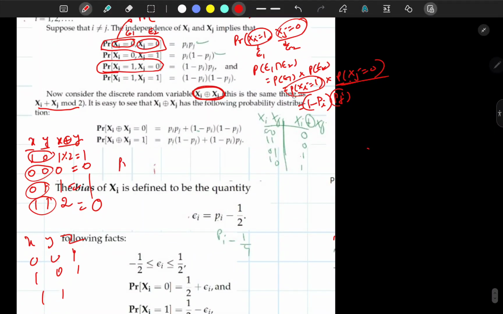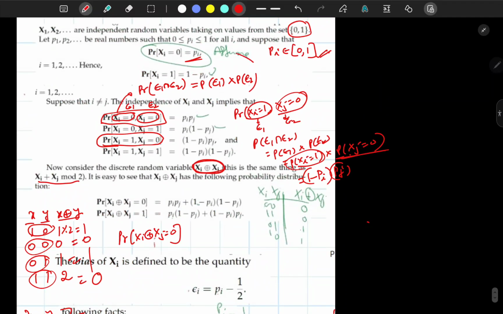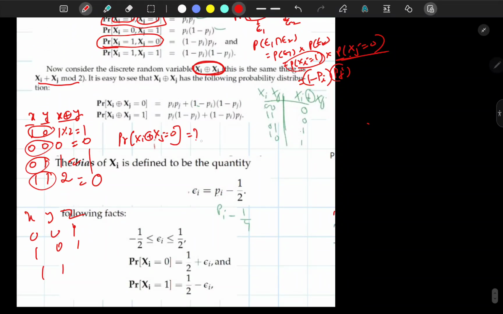So now we want to find this probability value. This is not a formula, we will derive it from our assumptions, from this definition only. So how to find it? See, xi and xj can each take value either 0 or 1. So together how many values? 2 into 2, 4.